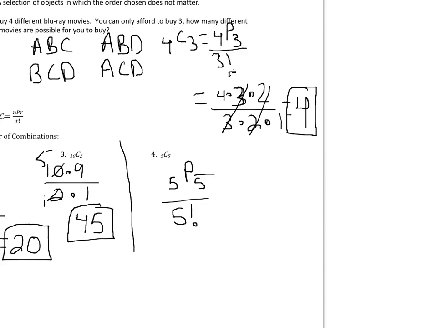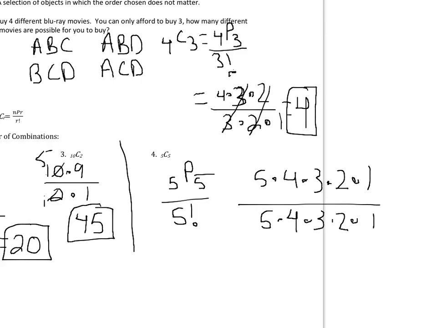The top would be 5 times 4 times 3 times 2 times 1. The bottom, 5 factorial, is 5 times 4 times 3 times 2 times 1. Well, if they all cancel, what is it? 1. There's only one way. Think about it in terms of the choice of the movies. If you had 5 movies and you're choosing 5 movies, how many different ways could you choose to watch all 5? One way. Order doesn't matter. They're not saying the order in which you watch them, just buying them.